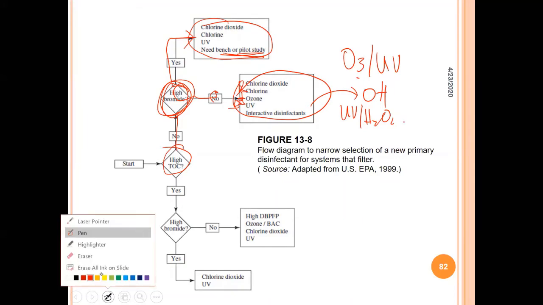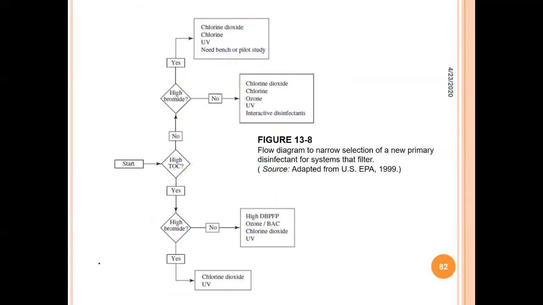So with this flow chart or logical diagram, we can start from here and check TOC and check bromide, and then we decide which disinfectant to use.